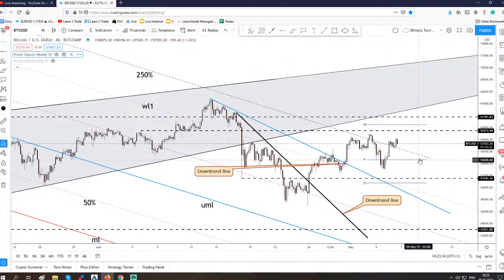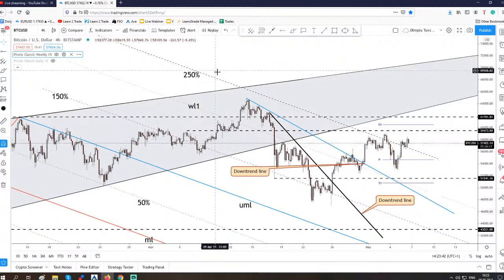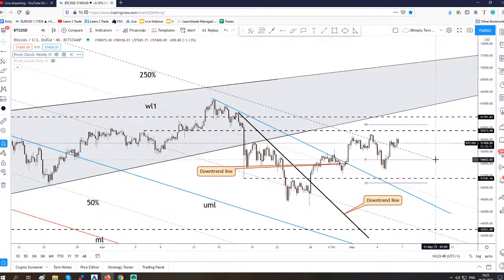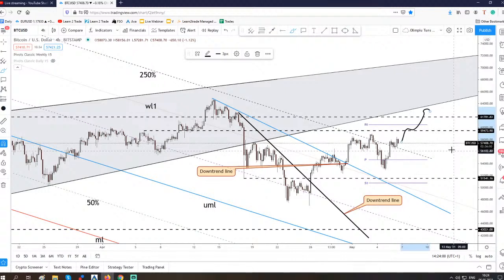This time the price has retested it and it could jump higher, it could resume its growth as long as it stays above this broken dynamic resistance. So Bitcoin is bullish, guys, as long as it stays above the weekly pivot and above the 250% Fibonacci line, and the potential new higher high here could signal an important growth in the short term.